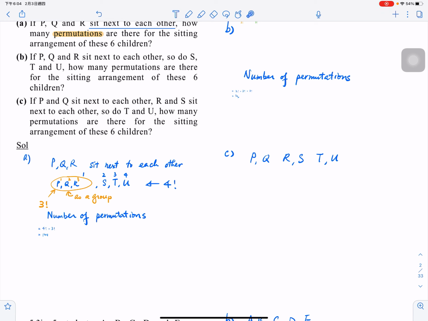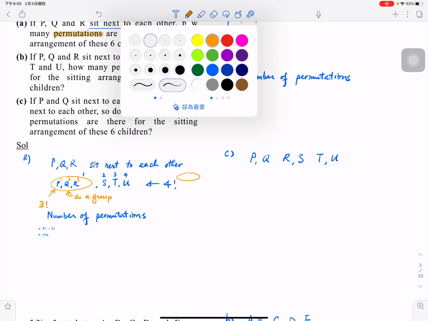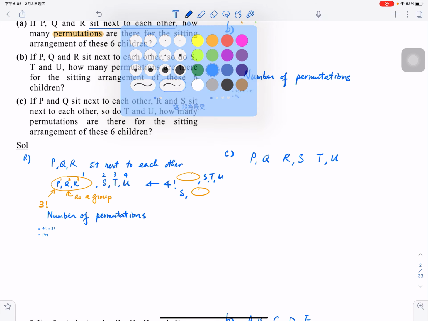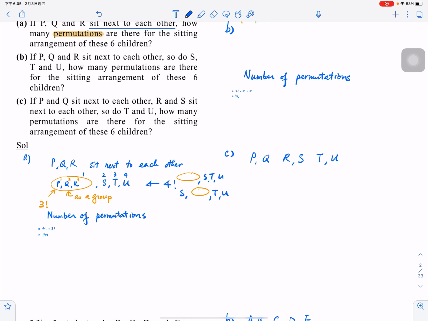Permutation, that means with the order, so you see that it's 4P4. Okay, so 4 factorial. So you think that maybe this one as a group, and then S, T, U. Maybe S and then this group, because they need to sit next to each other.